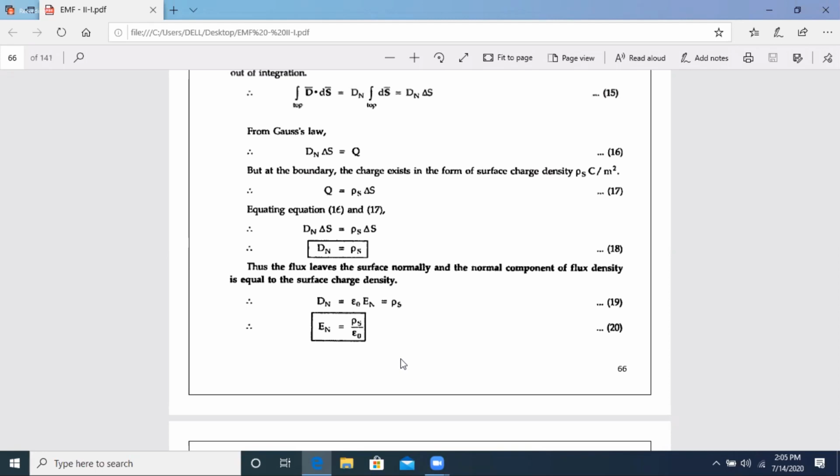Yes, sir. So normal to the boundary would be what? The Z component. Absolutely. All right, sir.